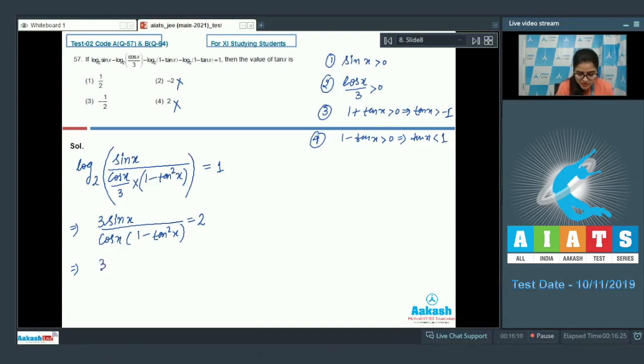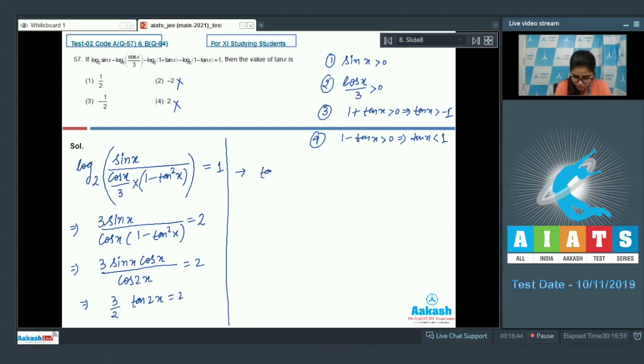You will get 3 sin x cos x divided by cos 2x. 1 minus tan square x is equal to cos 2x by cos square x. So from here you will get tan 2x is equal to 4 by 3.